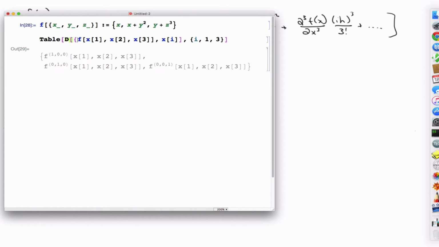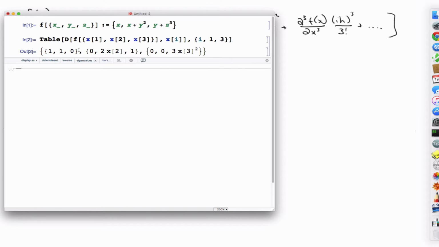I forgot my brackets here. Right, there we go. So everybody can see that.